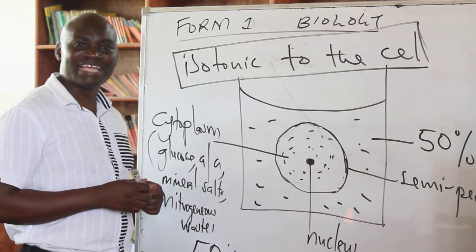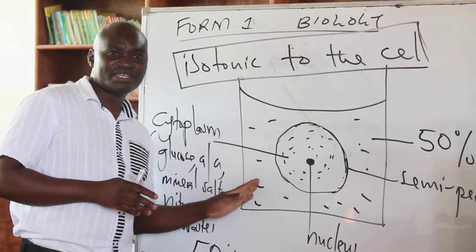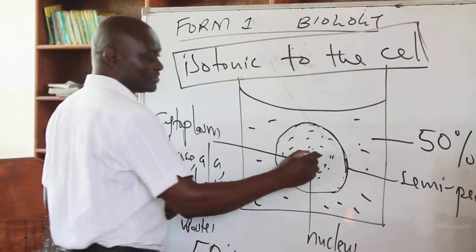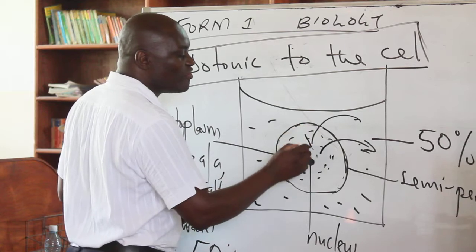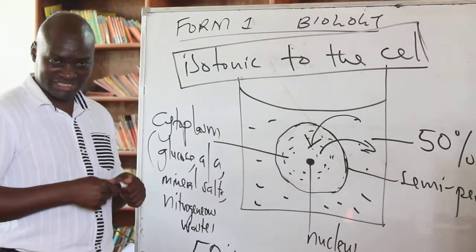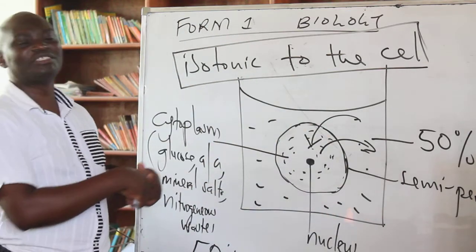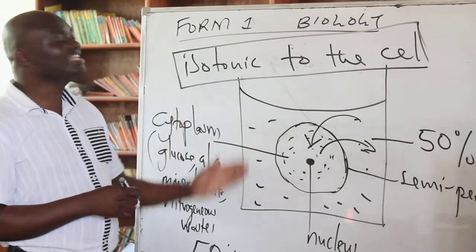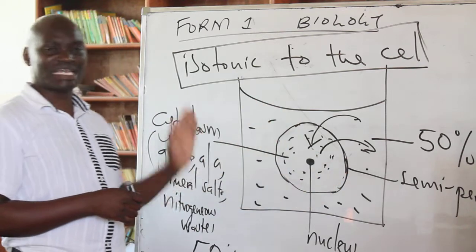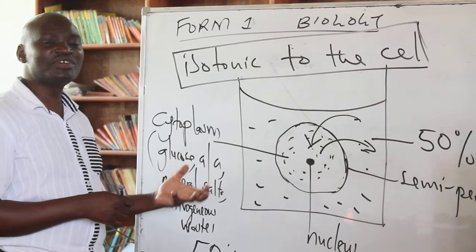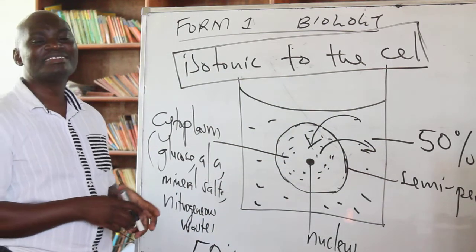So what will happen is that if an animal cell is placed in an isotonic solution, then the amount of water getting out will be the same as the amount of water that will move into the cell by osmosis. Water will move out by osmosis, and some water will be getting into the cell by osmosis. And since the concentrations of the two solutions are the same, the amount of water getting out and the amount of water getting in will be the same.